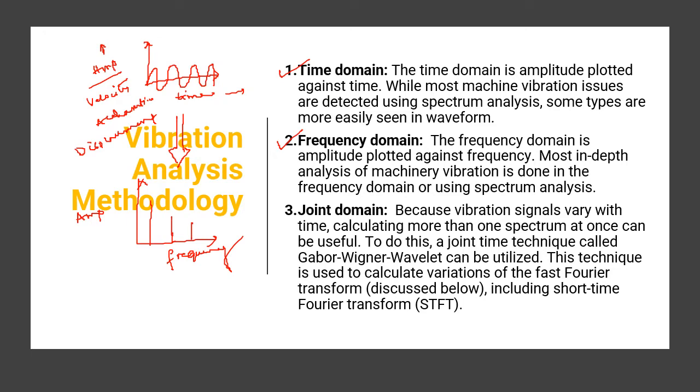Another is the joint domain, because vibration signals vary with time, so calculating more than one spectrum at once can be very useful. To do this, a joint time technique called Gabor-Wigner wavelet can be utilized. This technique is used to calculate the variation in the fast Fourier transform, including the short-time Fourier transform. So this is a joint domain technique.